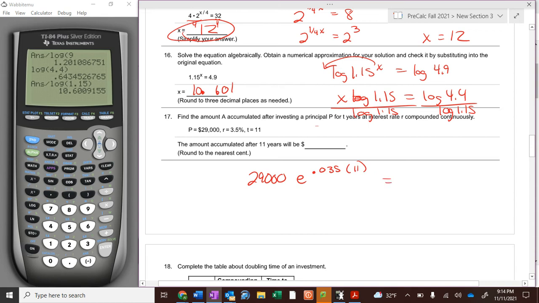That's compounded continuously. 29,000 e to the 0.035 times 11 is 42,618.82.